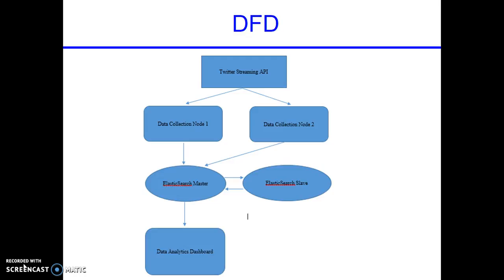Once a data collection node receives the data, it pushes it to the Elasticsearch master, and the master node synchronizes a replica of the data onto the Elasticsearch slave, since we have defined to maintain one replica of the data for parallel storage, so that if one of the nodes goes down, the other node can be used for data retrieval. From the Elasticsearch master, the data flows to the analytics dashboard where the data is visualized.